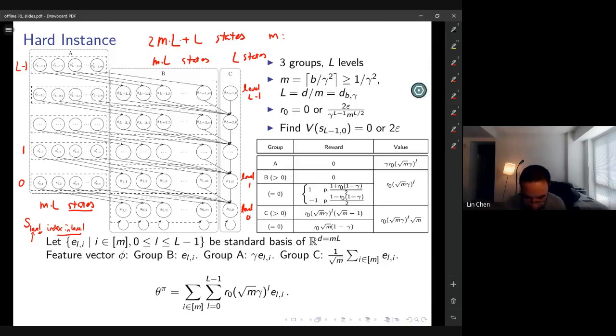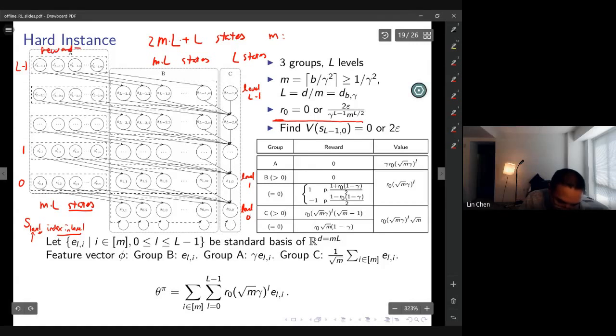And let R0 be a constant which can be 0 or 2 epsilon over gamma to the L minus 1, m to the L over 2. And for these three groups, we define the reward to be this. So for group A, the reward is all 0.